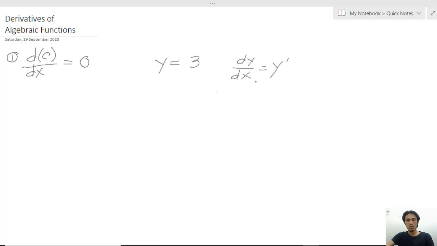Derivative of y with respect to x, the change in y with respect to the change in x, is also called y prime. Now, if you are asked for the value of y prime, this is equal to the derivative of 3 with respect to the same variable x.